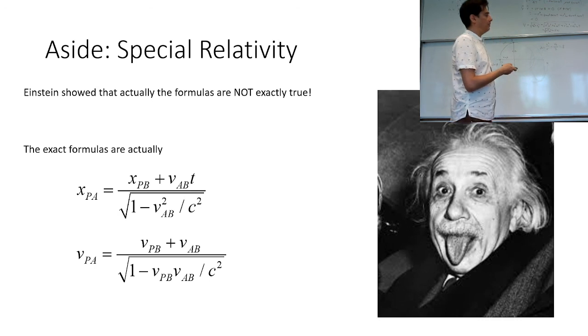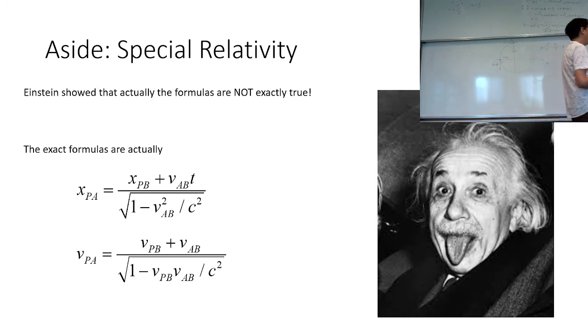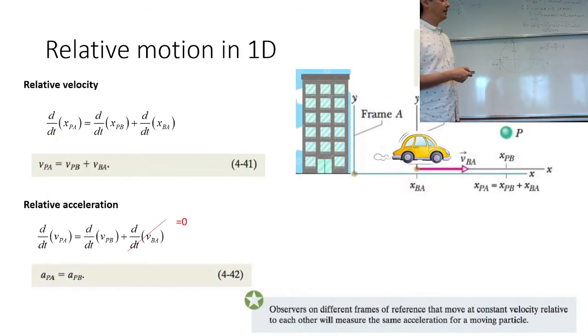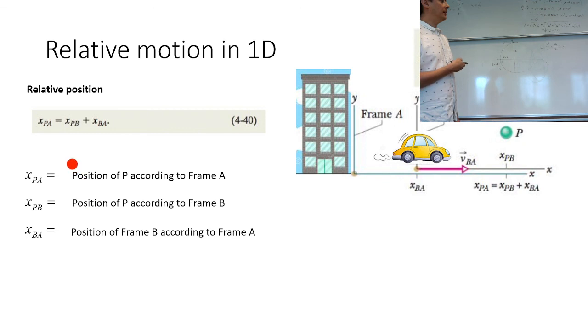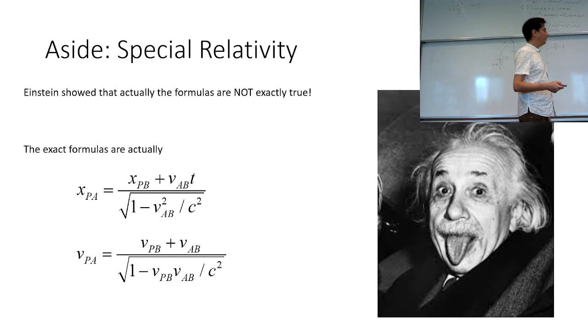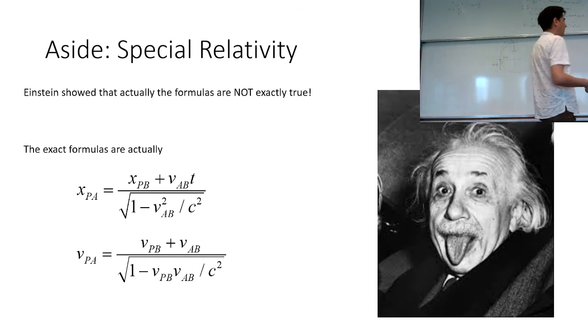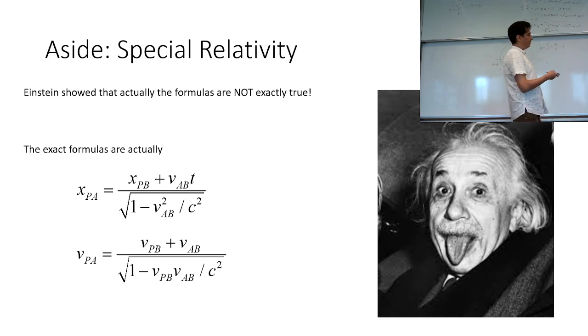This is the same as the XAD that I had. But actually, there's some relativistic correction factor, which comes in because of relativity, and so in fact this is not even exactly true. If these are moving, then it would not follow this relation exactly. But because everything that we normally do is at speeds which are way slower than the speed of light, this factor on the bottom here is pretty small.